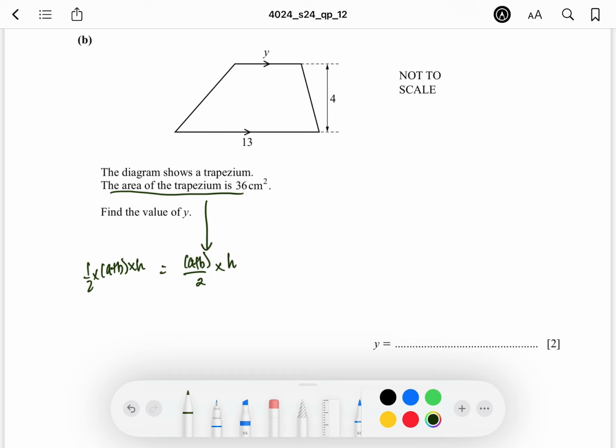It's the same thing: a plus b divided by 2 times height.